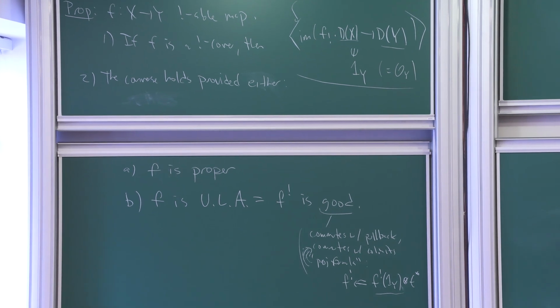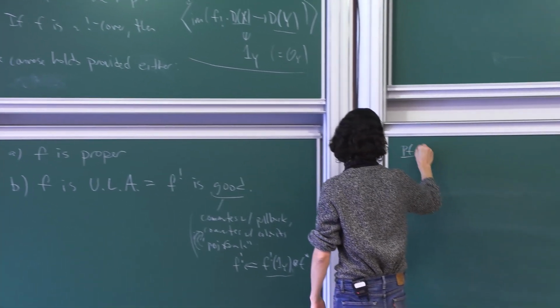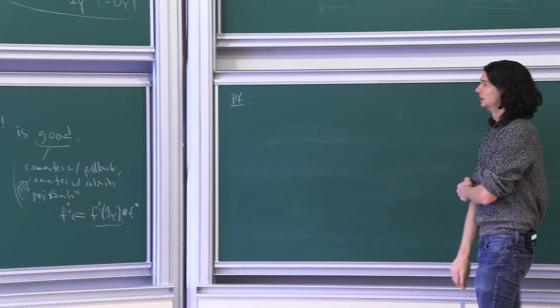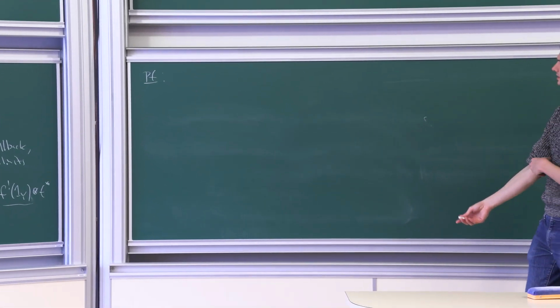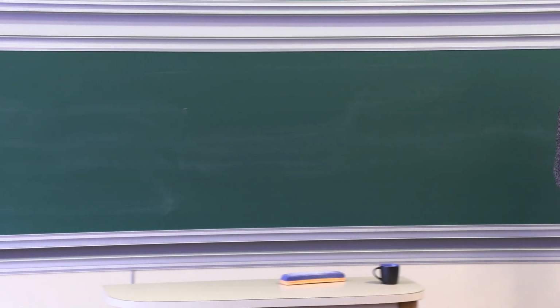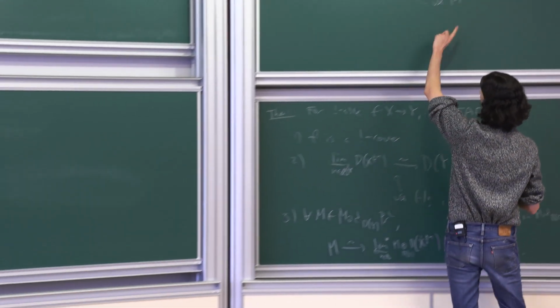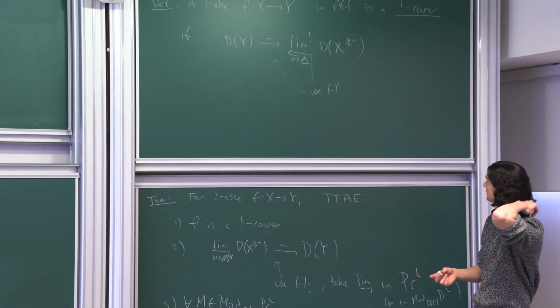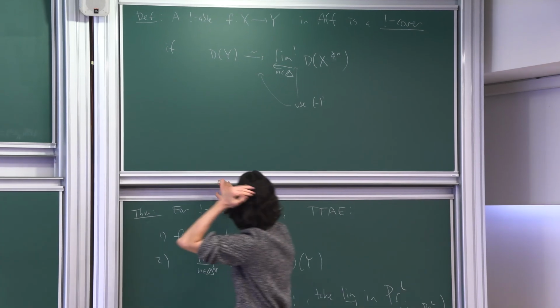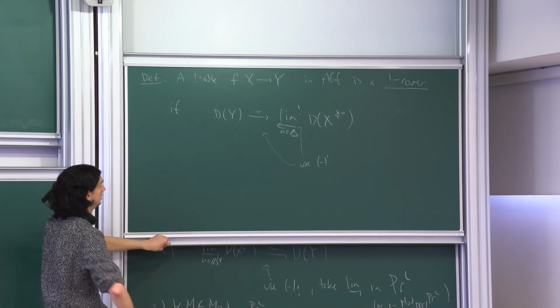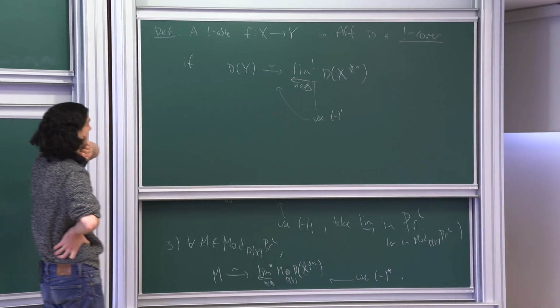So the proof. Let's make explicit what this shriek descent according to the definition means. We're using these upper shriek functors.